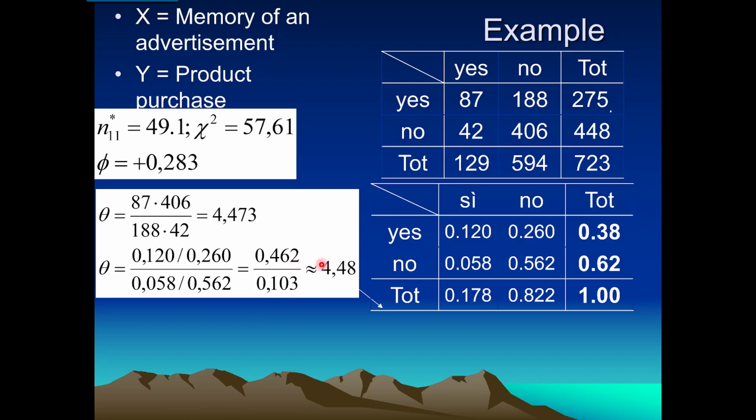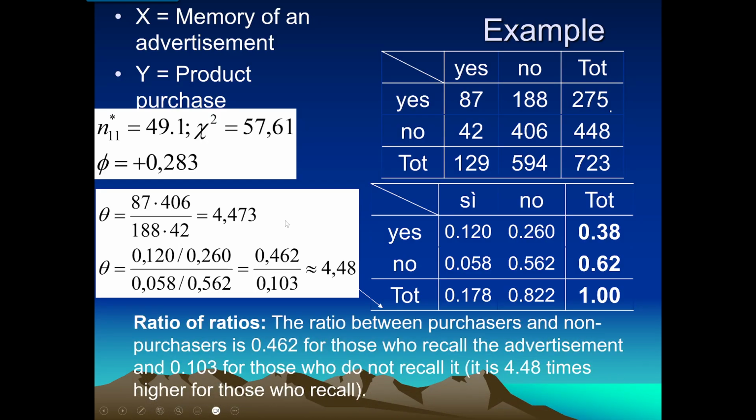However, let us see the interpretation of this number, 4.48. The ratio between purchasers and non-purchasers is 0.462 for those who recall the advertisement, and the other ratio for those who do not recall the advertisement is just 0.10.